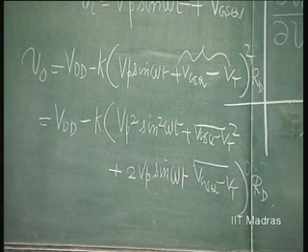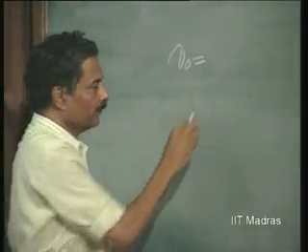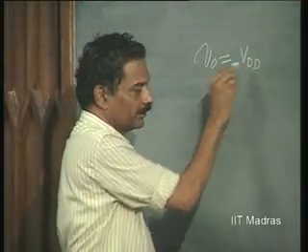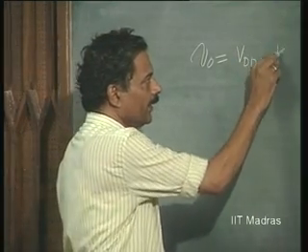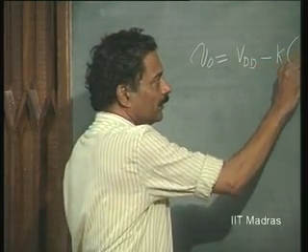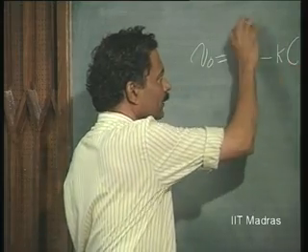Now, let us see, V naught is therefore going to be equal to VDD, which is a DC, minus K times (Vgsq minus Vt) whole squared. What is this?